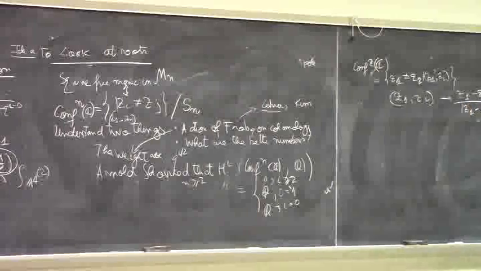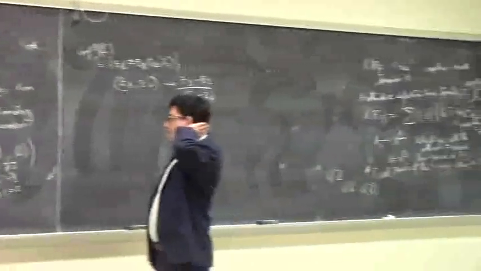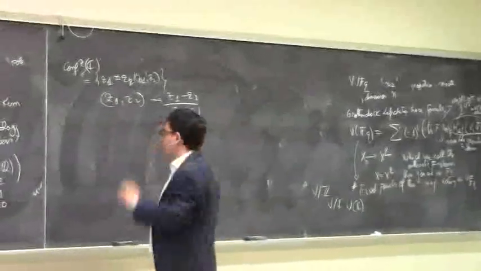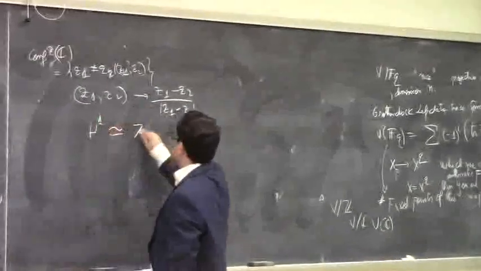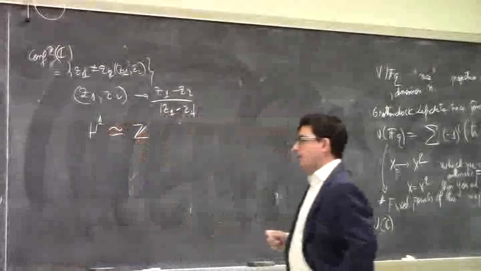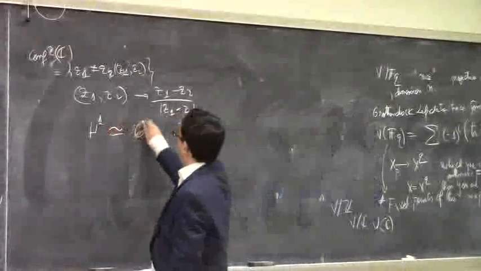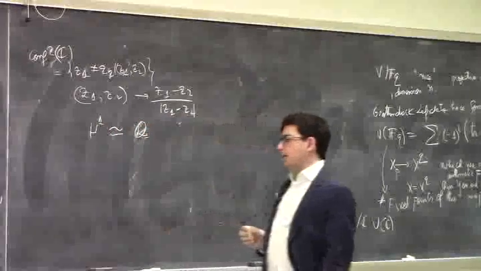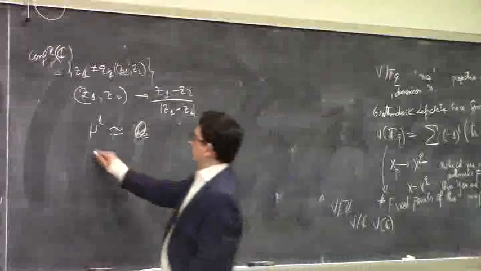It has an H^1, which is isomorphic to Z, and I think we're doing rational, so this is Q. And it also has H^0, which is 1-dimensional.